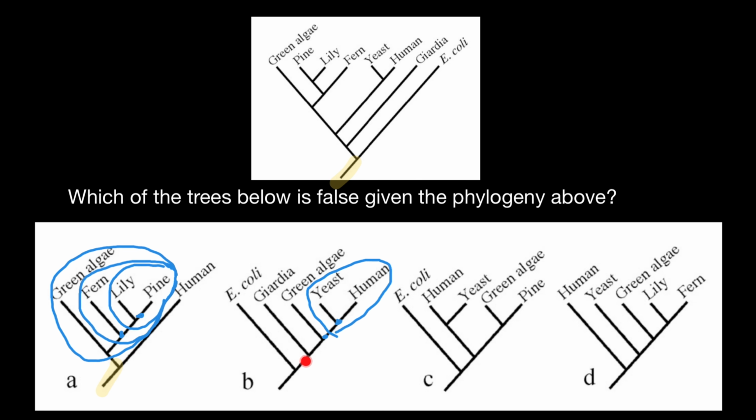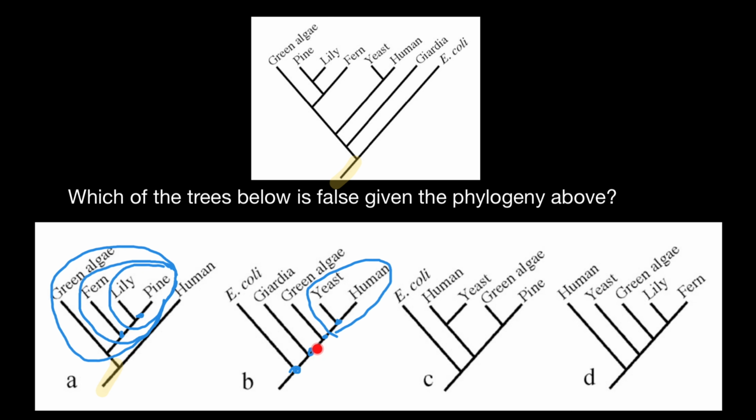If we go down, next is going to be a recent common ancestor with Giardia. And if we go down here, we're talking about this point, and as you see, Giardia is also shown here as a recent common ancestor. So let me show this point here, and the next point is going to be here.